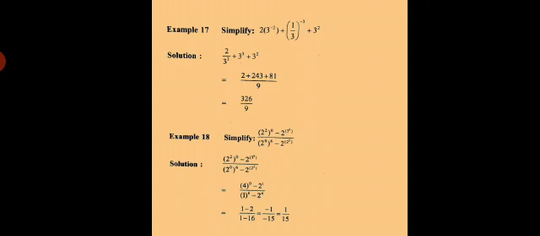Okay. Next, one more, this is important for the examination point of view, that is simplify 2 raised to 2 raised to 0 minus 2 raised to 3 raised to 0 divided by 2 raised to 0 raised to 6 minus 2 raised to 2 raised to 2.